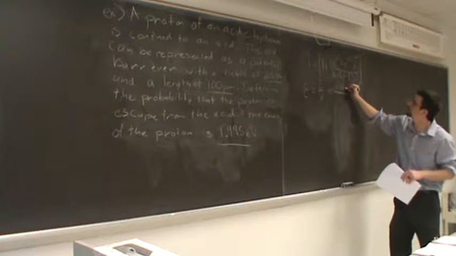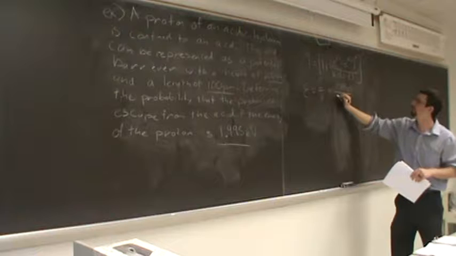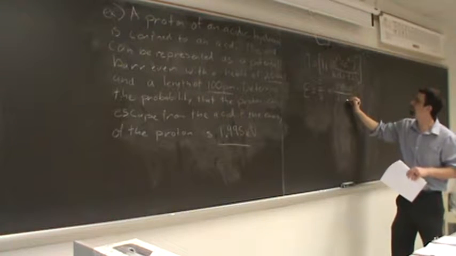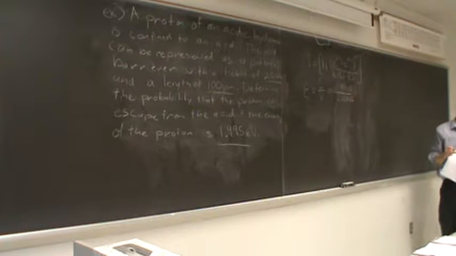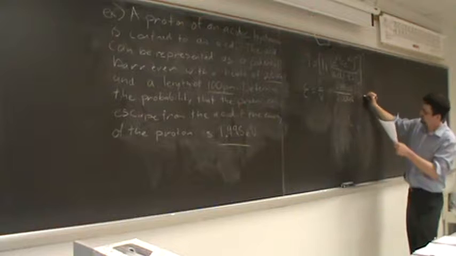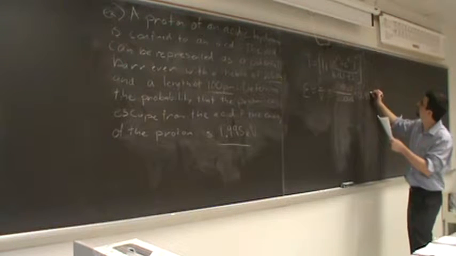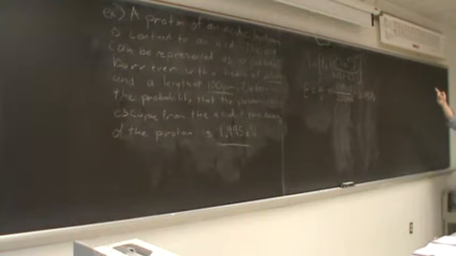Yep, 1.995 eV. Then we have, what's our potential? 2.0. What are the units of my epsilon going to be? Nothing. This ends up being close to 100%, 99.75.